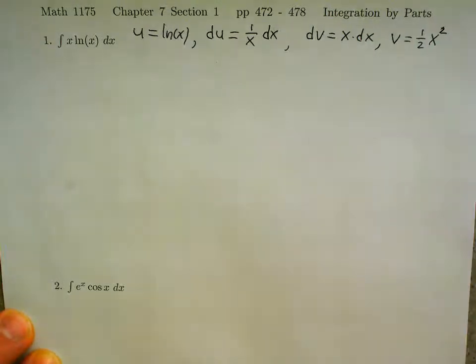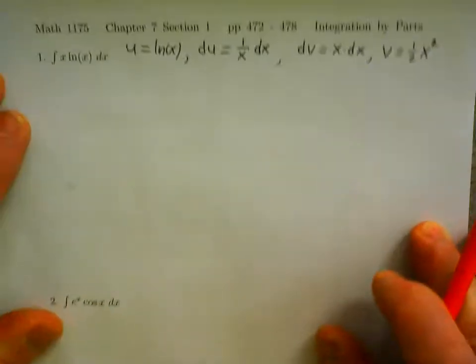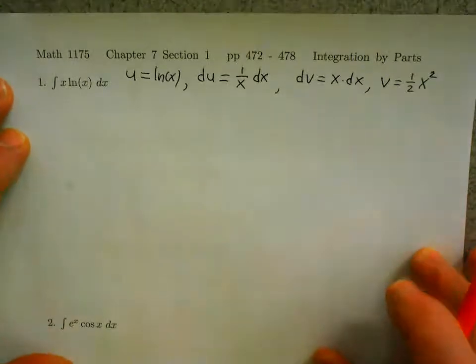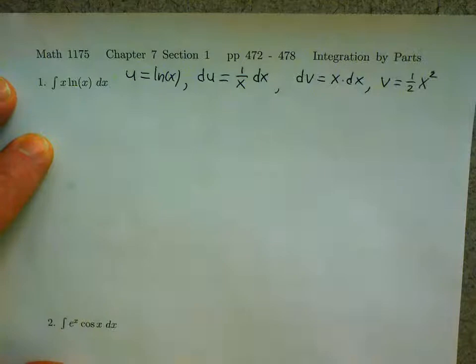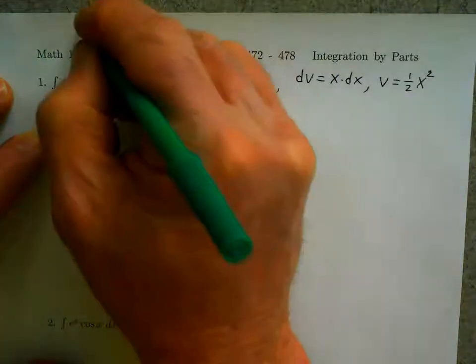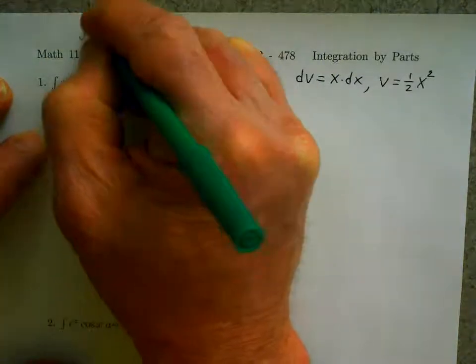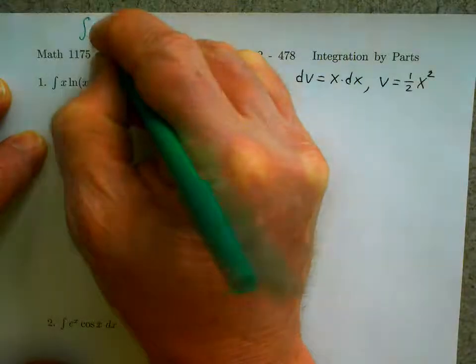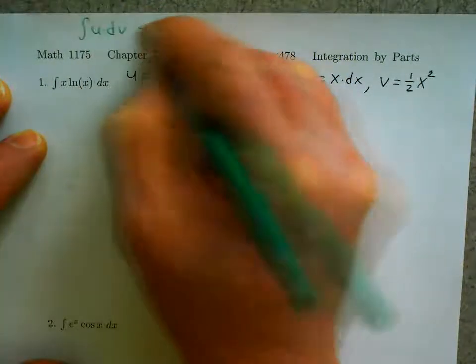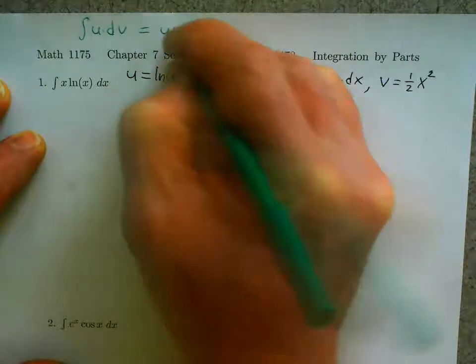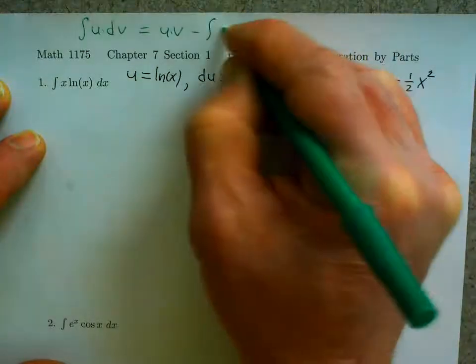Okay, I'll jot down the integration by parts formula again. So up here, the integral of u dv, u times dv, is equal to u times v minus the integral of v times du.